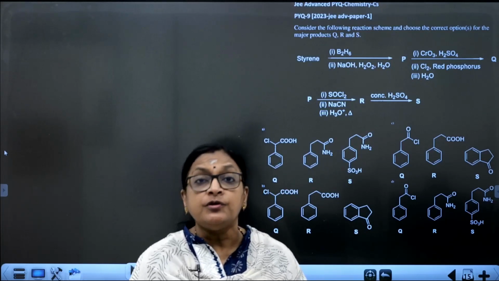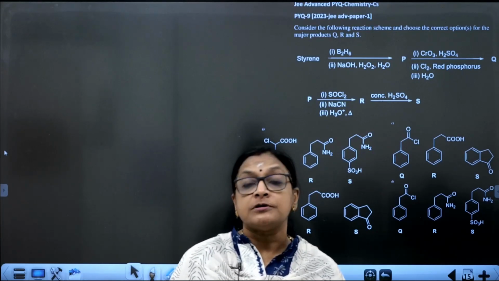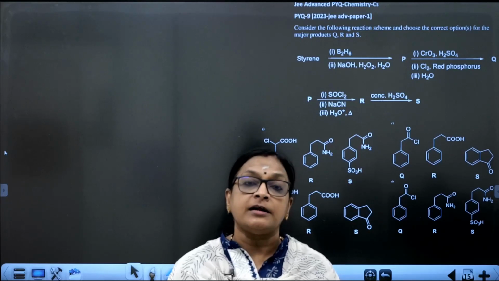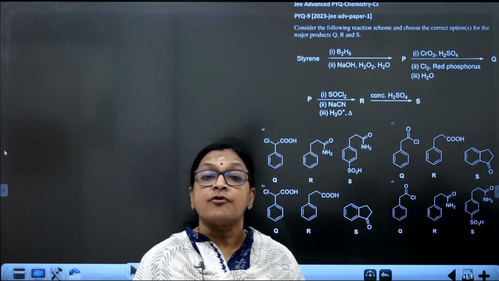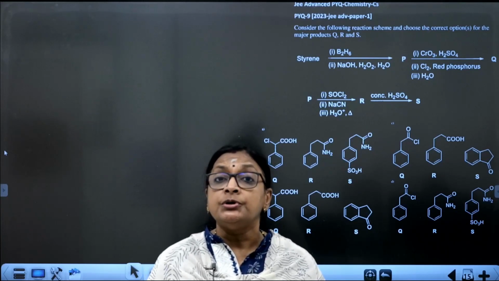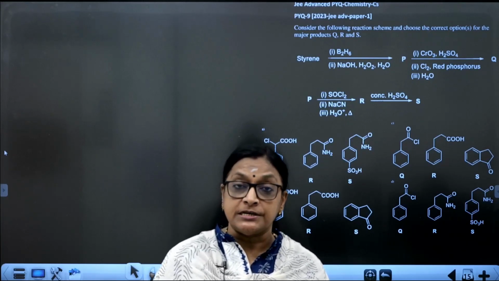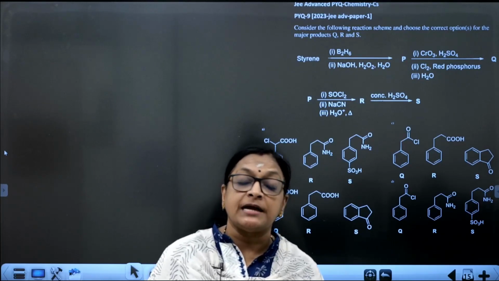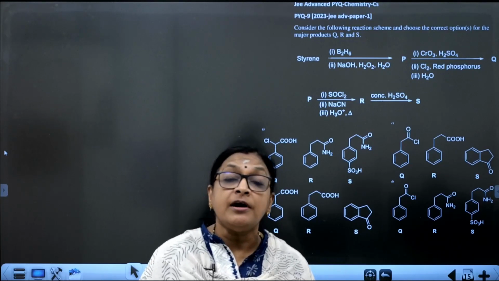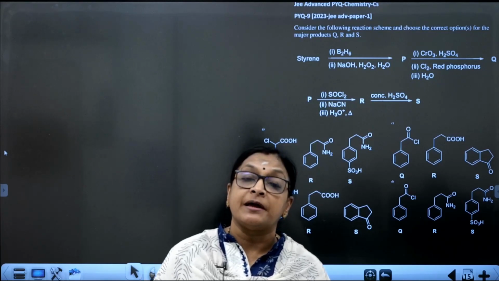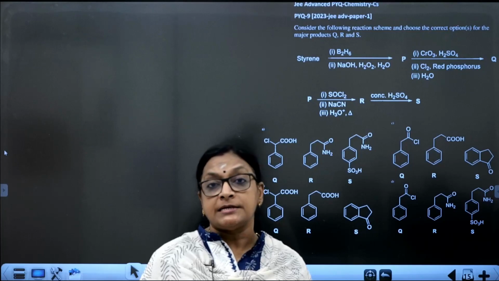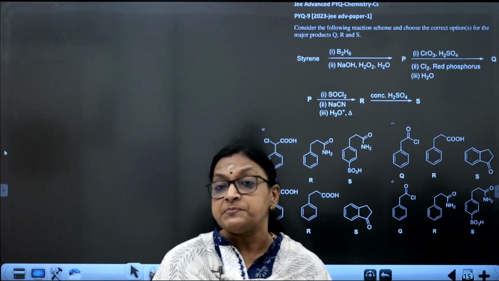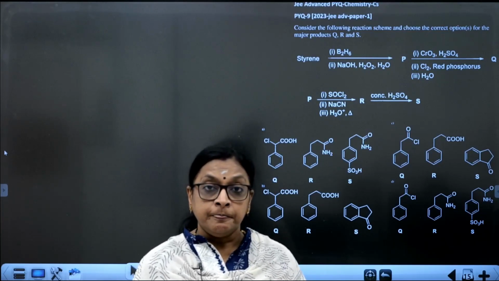We know if it is a carboxylic acid with alpha hydrogen, then chlorine and red phosphorus followed by hydrolysis will subject it to HVZ reaction, Hell-Volhard-Zelinsky reaction, where the alpha hydrogen will be substituted by halogen. You get alpha halo carboxylic acid as the product. Q must be an alpha halo acid.